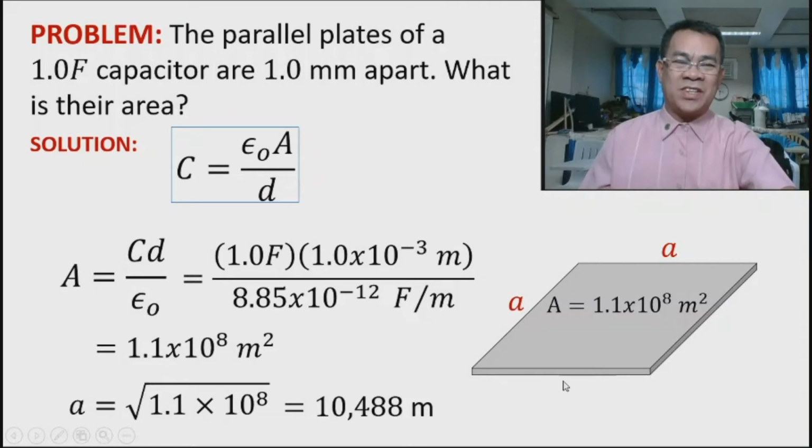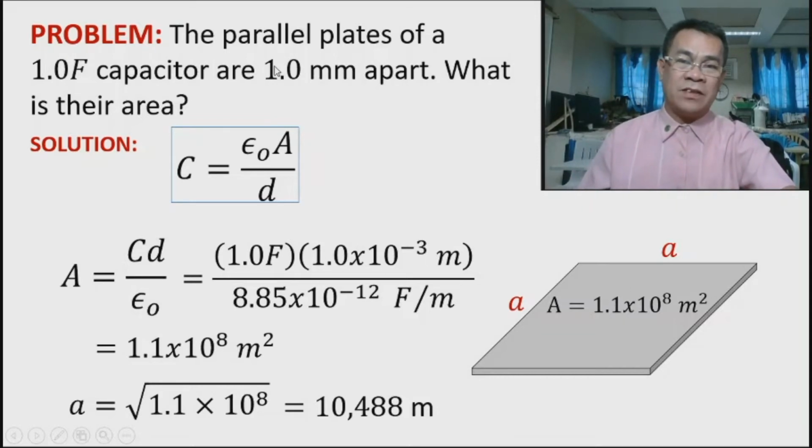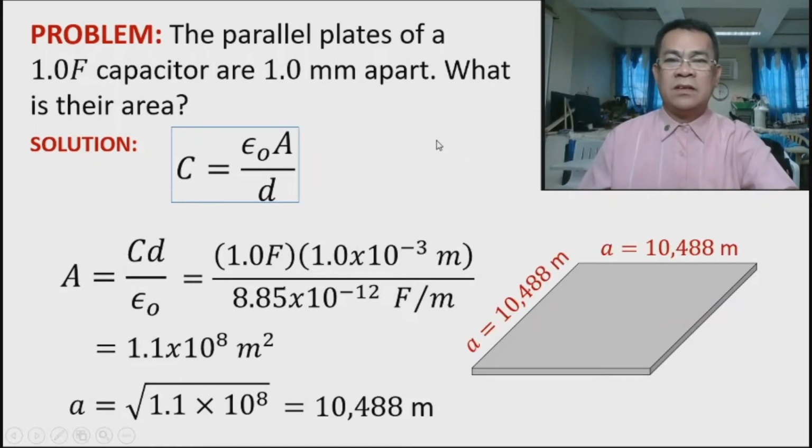Are you willing to construct a capacitor with those dimensions? Therefore, it is impossible. Note that the distance between plates is only 1 mm. So 1 farad is impossible. It should be in the range of milli, micro, or nano. These are the dimension requirements for that 1 farad.